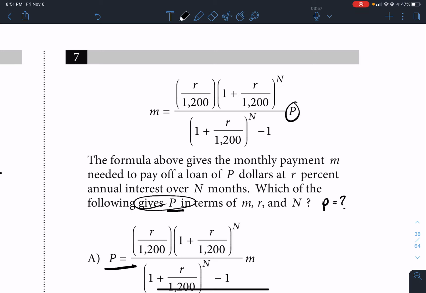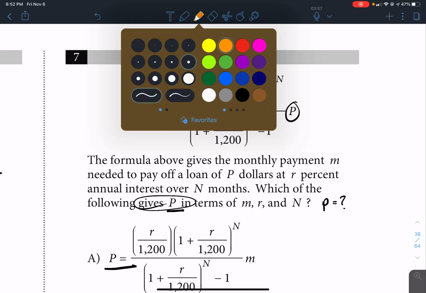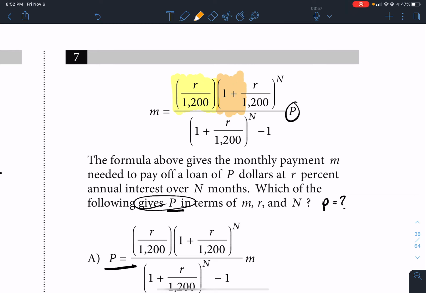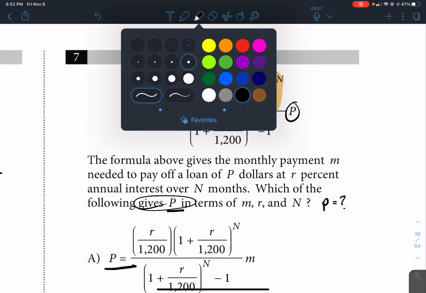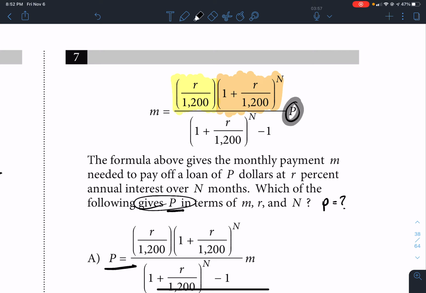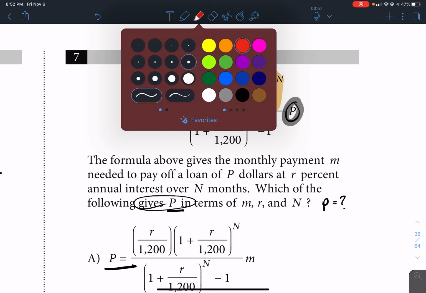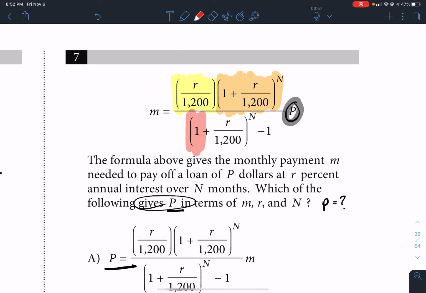So when we look at these terms, we have our first term over here. We have our second term over here. We have our P right there. And then we have our third term over here. So I'm just going to color these.